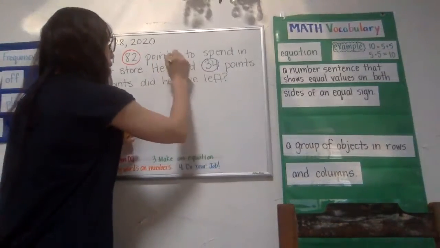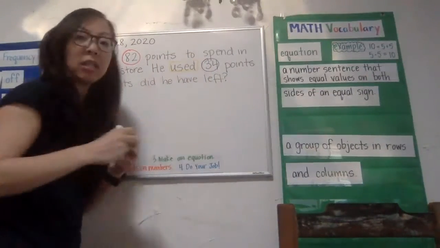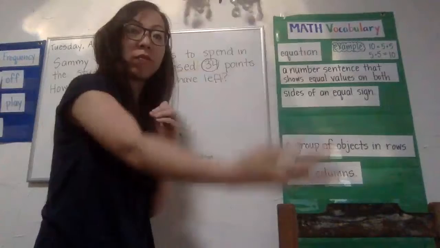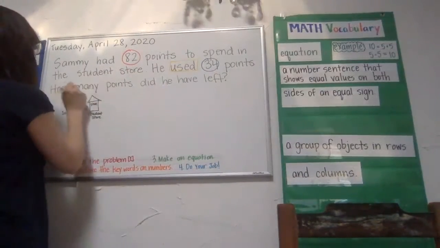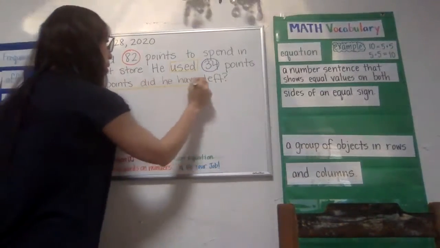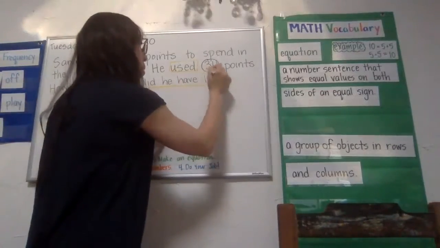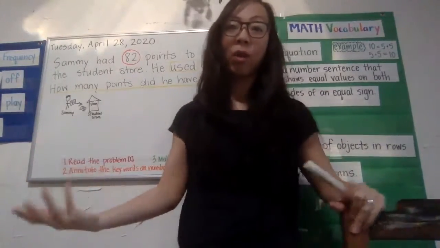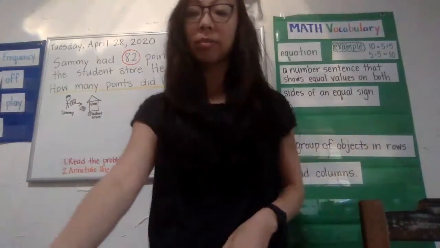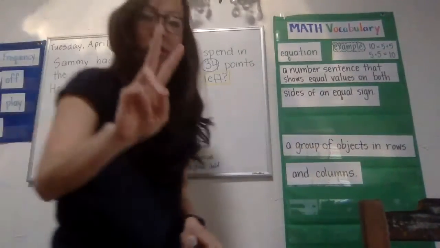We know that's a keyword because it's telling us that he doesn't have them anymore. If you use something, it's gone. And then I see that our job is to find out how many points he has left. Remember, how many does he have left is a keyword too, because he gave something away and now we have to find the difference.